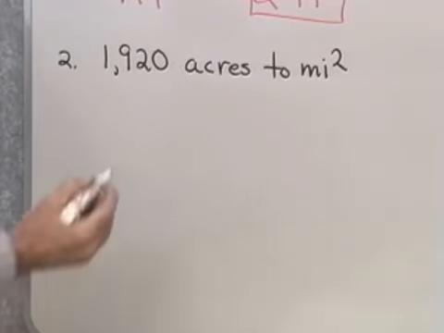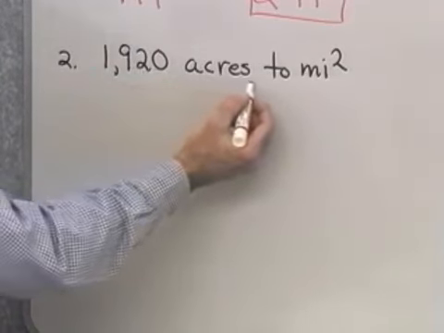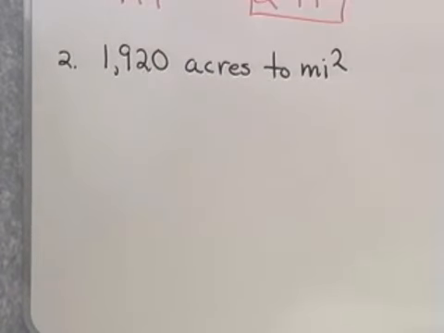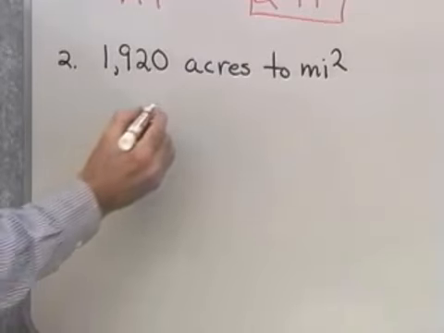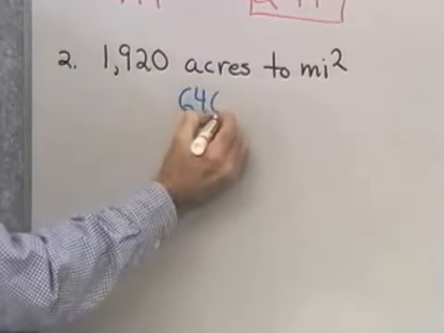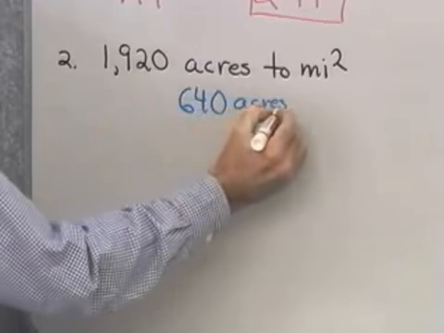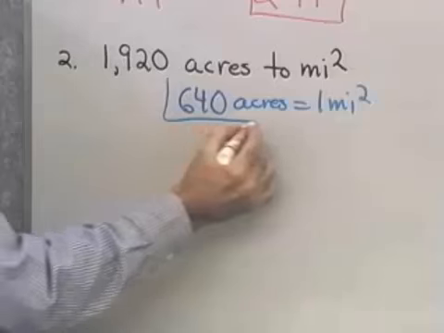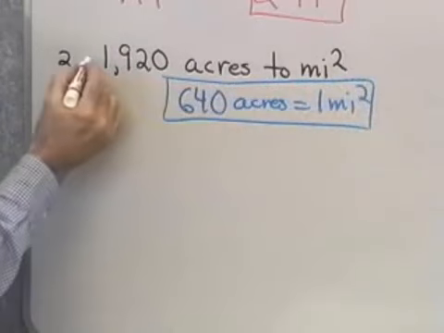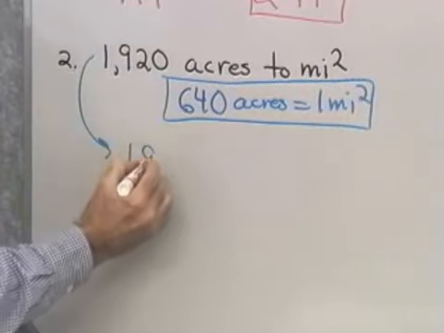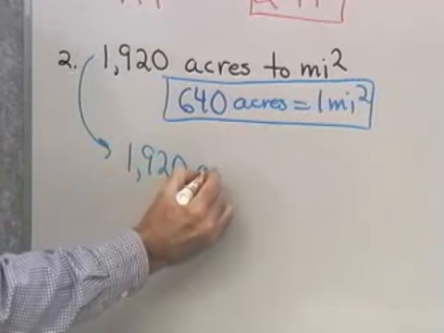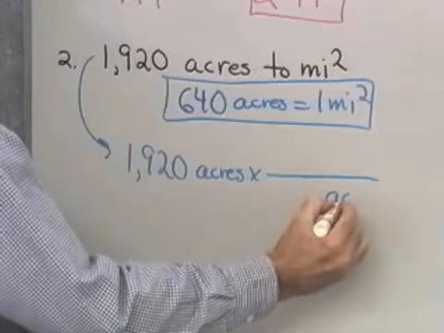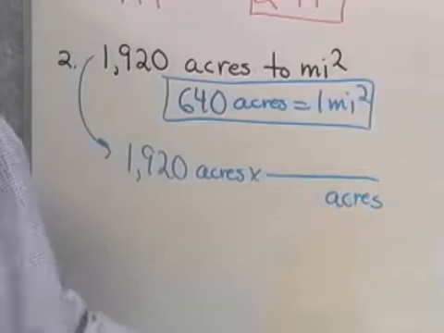For problem 2, we want to convert 1,920 acres into square miles. So again, a conversion of units of area in the U.S. system. This is what I know. There are 640 acres in 1 square mile. So this I should be able to use to do my conversion. So I'll start with my 1,920 acres, and I'm going to multiply by a conversion factor that will allow acres to divide out.